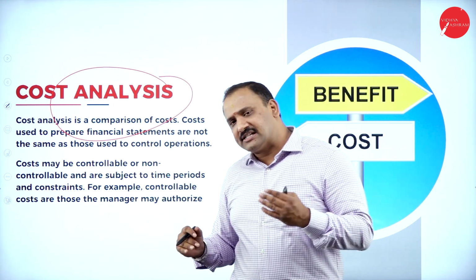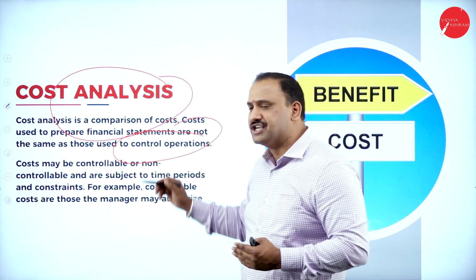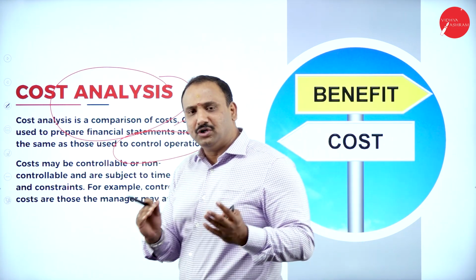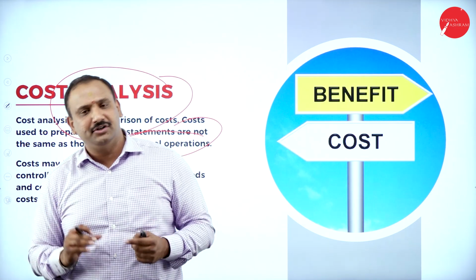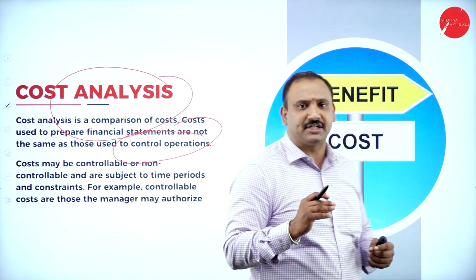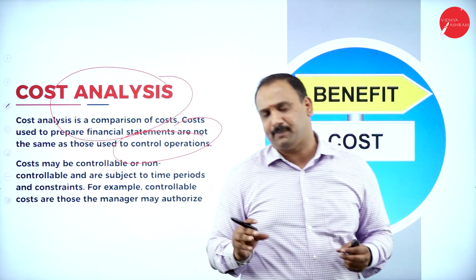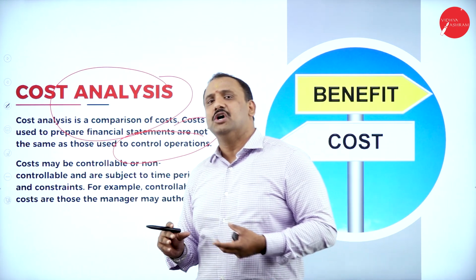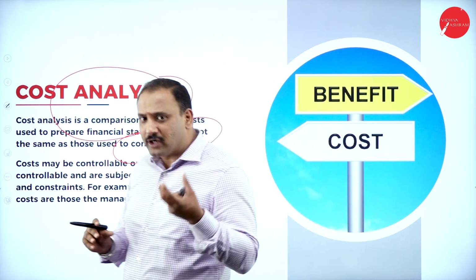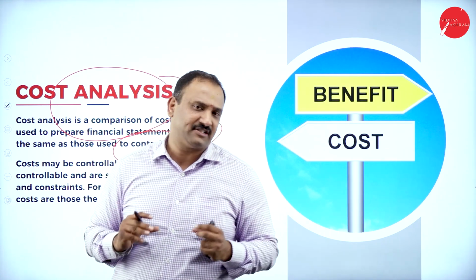Now, for example, when we especially talk about the word operations, we try to look into the controllable and the non-controllable factors. There are several things inside an organization which might be under your system, under your control or process, and there are certain things which are not in our hands. So automatically, cost becomes an addition of both these factors.